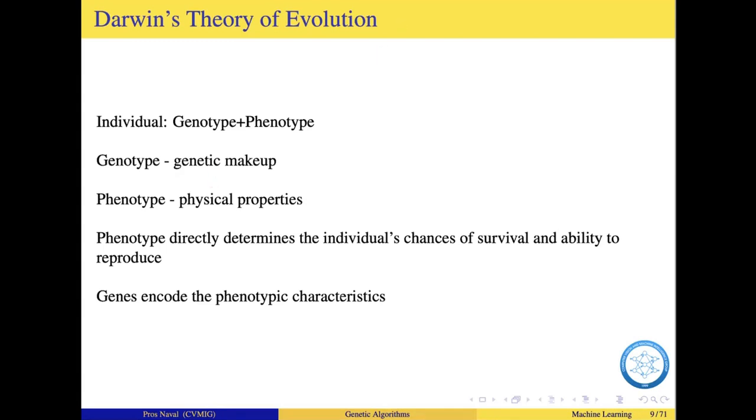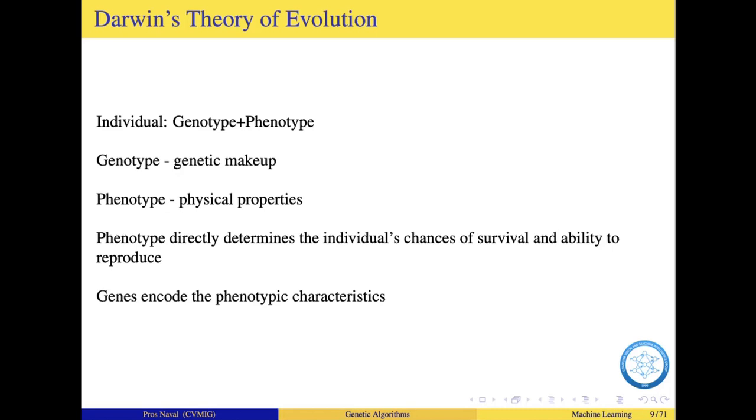In the theory of evolution, you have an individual which is seen as composed of a genotype and a phenotype. The genotype is the genetic makeup of the individual, and the phenotype reflects the physical properties of that same individual.